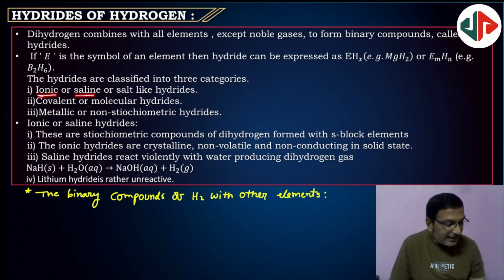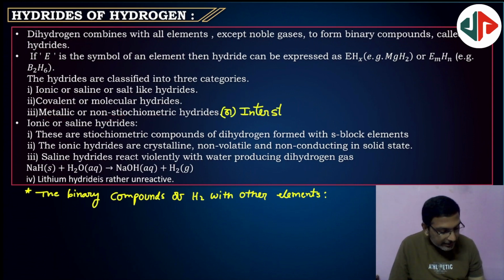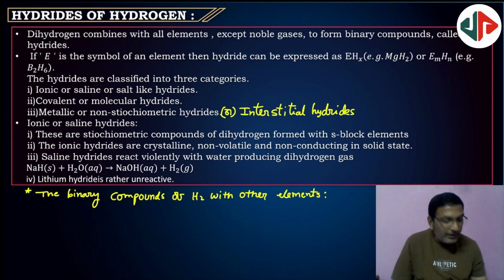Ionic, saline or salt-like hydrates; covalent or molecular hydrates; metallic or non-stoichiometric or interstitial hydrates. Interstitial positions means gaps between metal atoms in the metallic lattice.